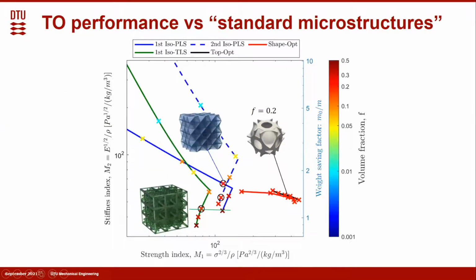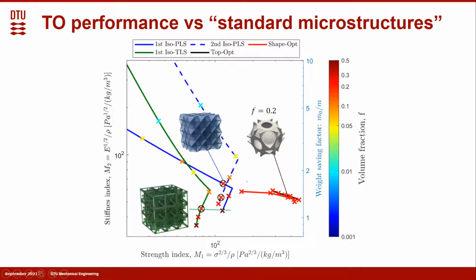So in the mass minimization problem, this image shows the corresponding performance comparisons between the optimized microstructures and the reference ones. Again, the optimal beam is built by epoxy. For 20% volume fraction, we can see we still get a better performance compared with these ones.